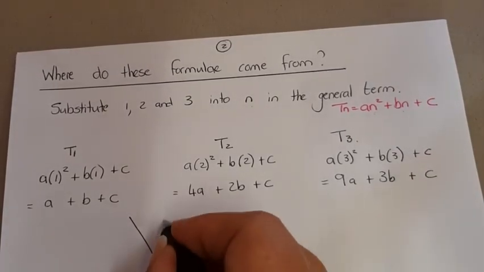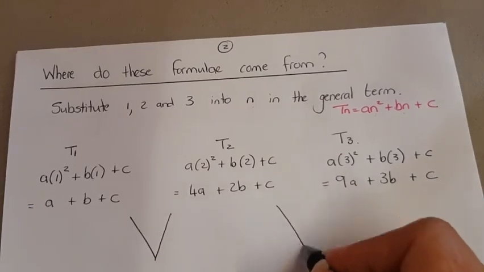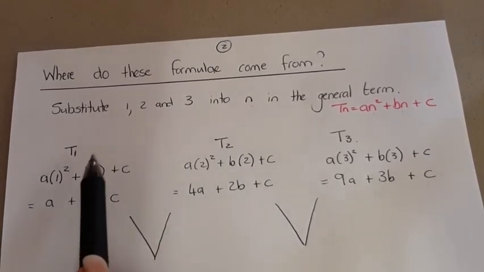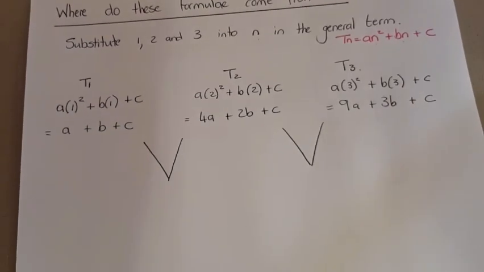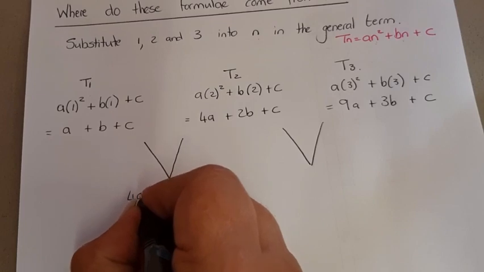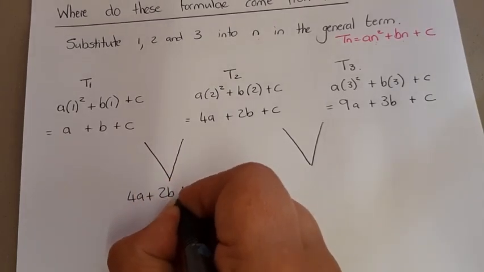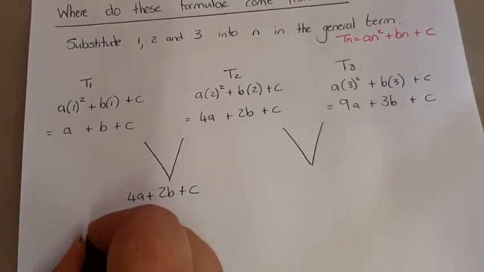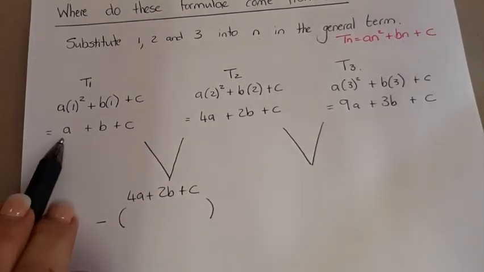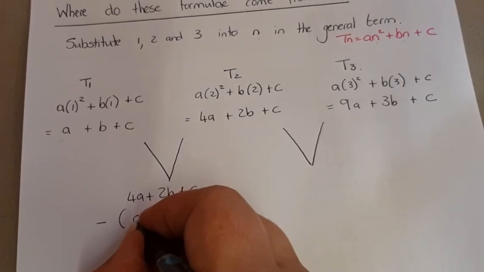Now we are going to get our first difference. Remember, I told you it will be term 2 minus term 1. So term 2 will be 4a plus 2b plus c minus term 1, which is a plus b plus c.